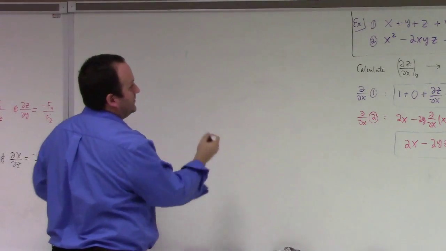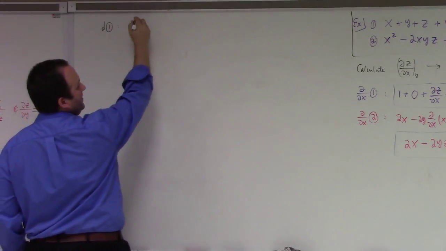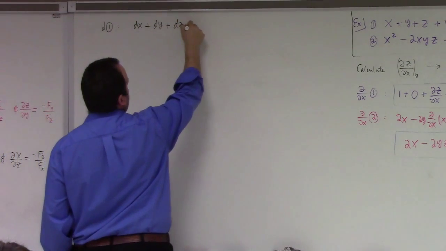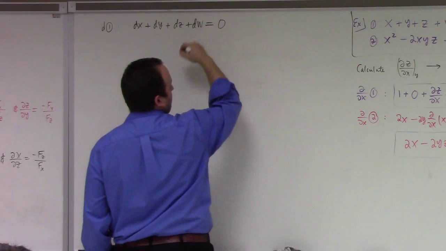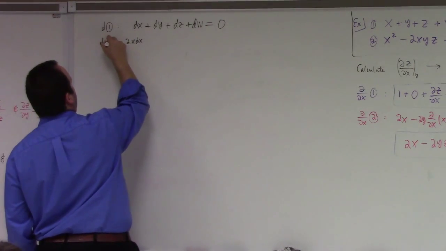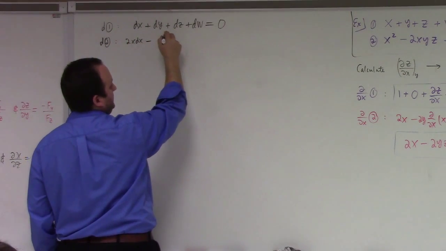Let's see here. So the differential of 1, what's that give me? dx plus dy plus dz plus dw equal to 0. Then taking the differential of 2 gives me 2x dx minus, now this is kind of complicated, but it's not too bad.